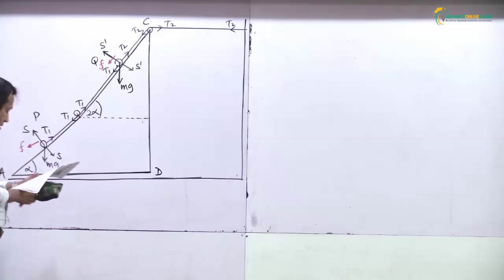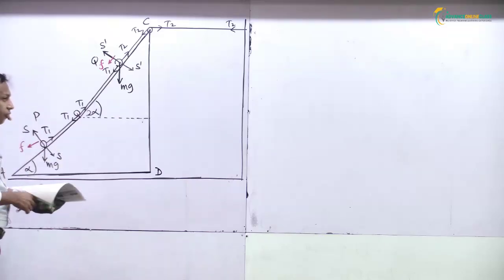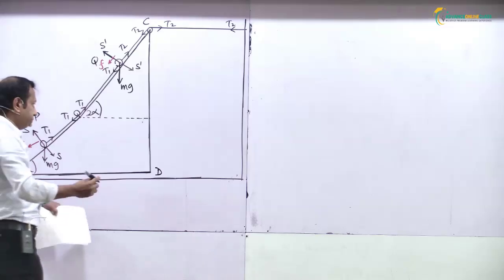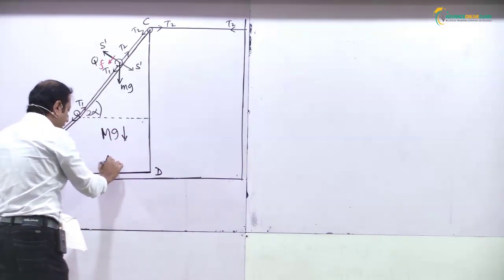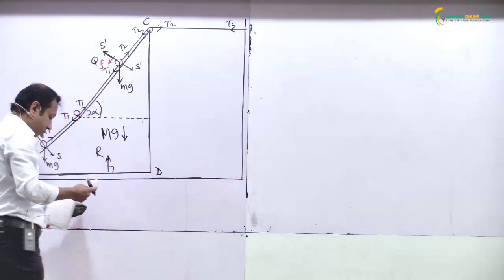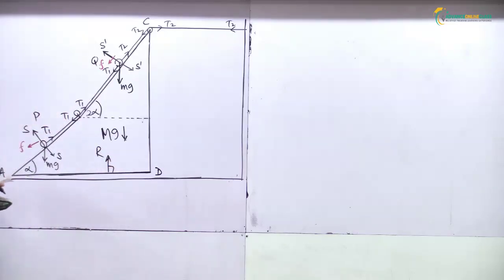And the weight of the wedge is capital M, G. And the normal reaction I take as R. All this process we have to mark.